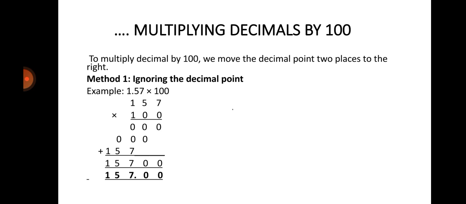Without doing the calculation of multiplication, you can know that since I'm multiplying by 100, I can just move the decimal point directly and have my answer, instead of saying 0 times this, 0 times that. Just understand that when you're multiplying by 100, the decimal point moves two times. For 1.57, just place the decimal point behind the 7.